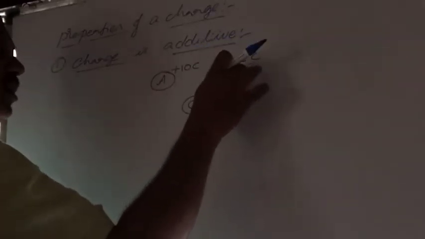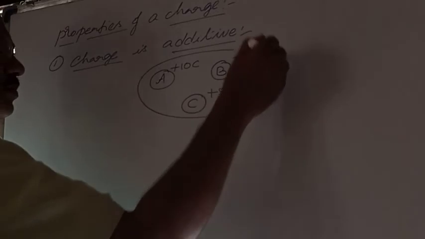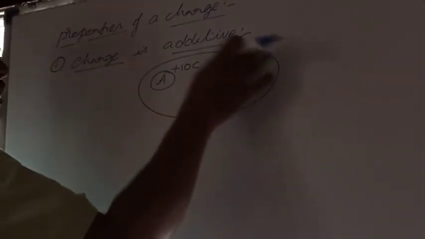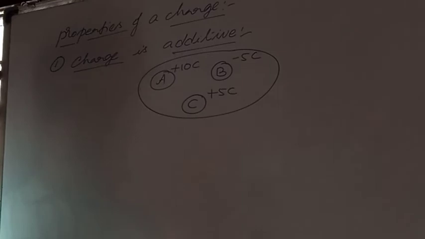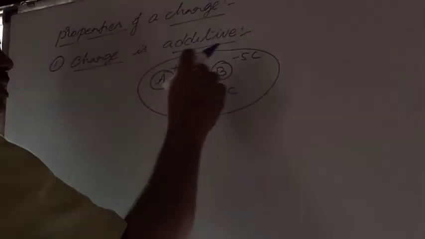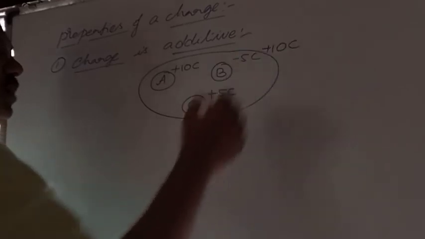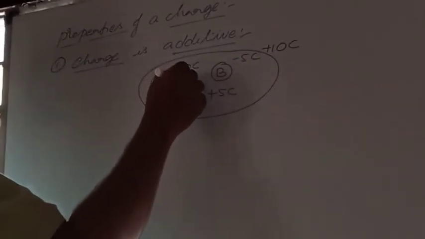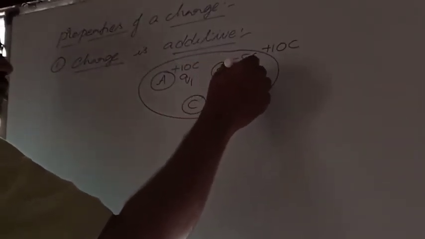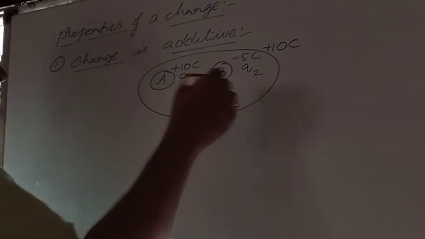We can add these three amounts of charges on the system of three bodies. Let it be Q1, Q2 and Q3.